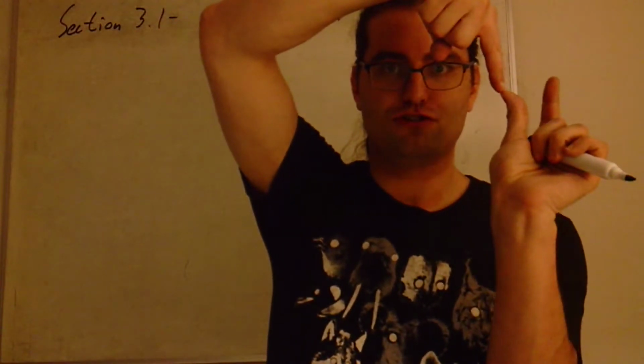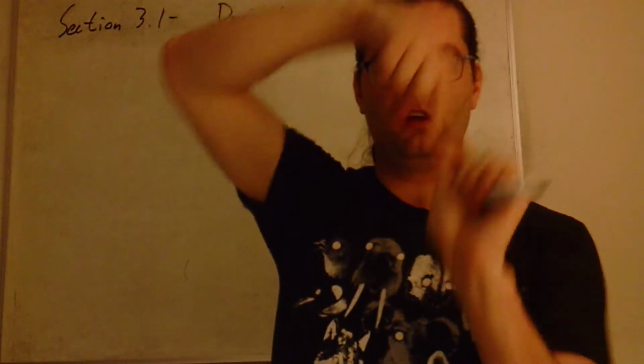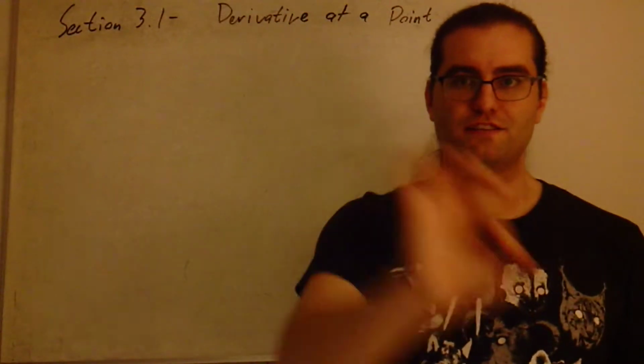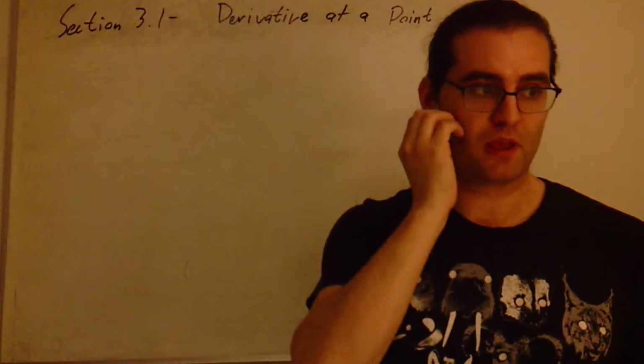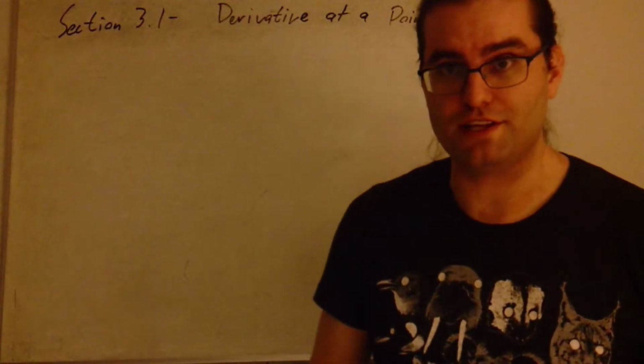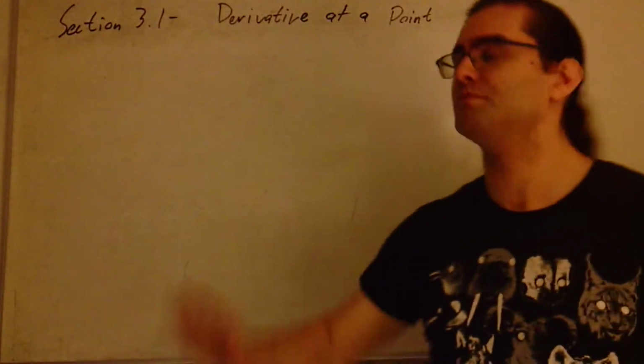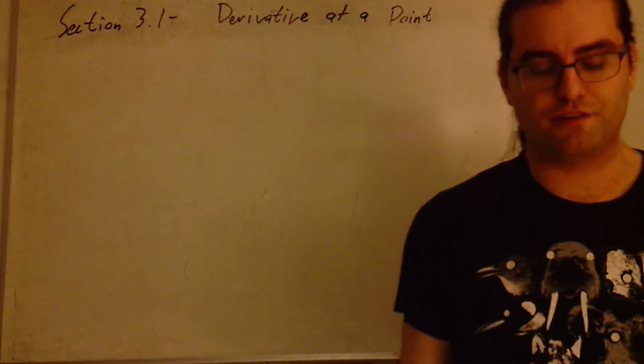So you have 1 point and some distance away from that, and then we took the limit as that distance shrunk to 0. So that instead of having a secant line between 2 points, we have a tangent line at 1 point. And we're looking at the slope of that tangent line using limits of difference quotients. That's the idea of a derivative.